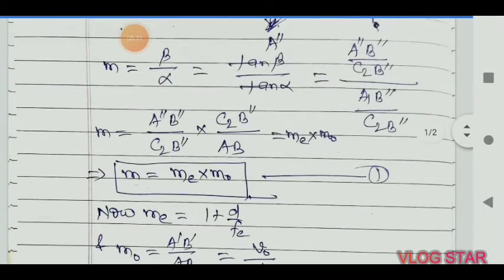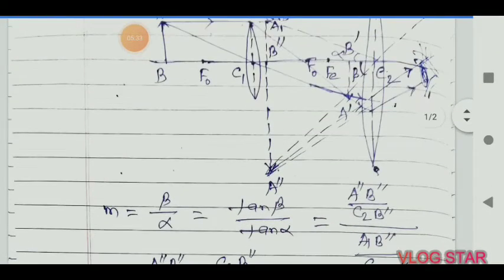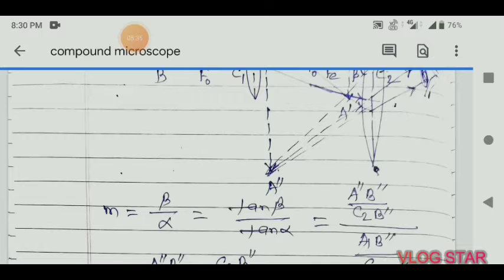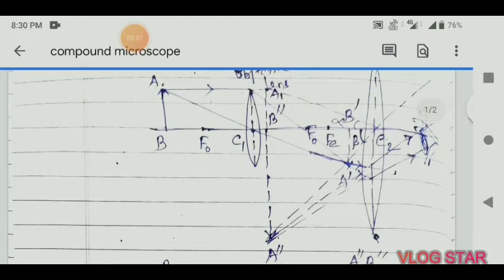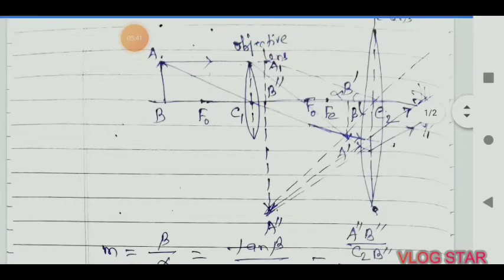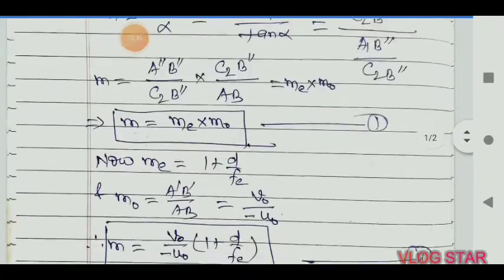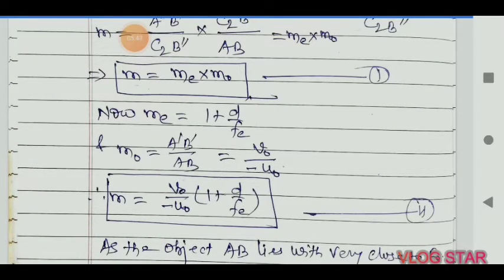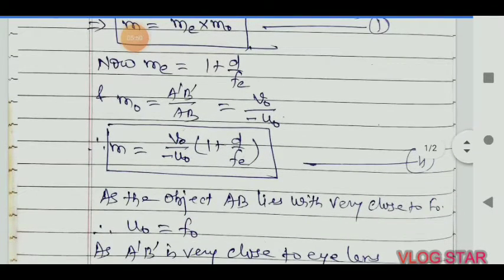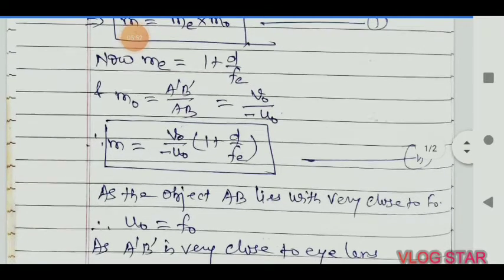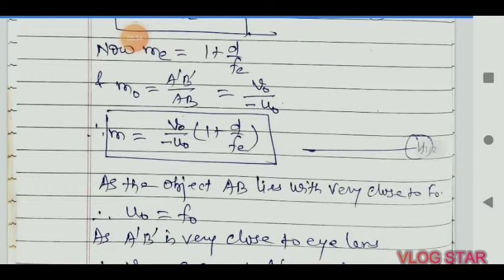And the magnification produced by the objective, that is the height of image to height of object, A dash B dash upon AB, is V naught upon minus U naught. So by this combination, magnification will be V naught upon minus U naught times 1 plus D by Fe.